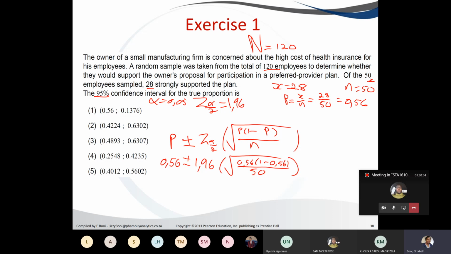That's where I get stuck, because my phone does not have a square root on it. You will have to calculate that and tell me how much you get. 0.56 plus or minus 1.96. What do you get from the square root?